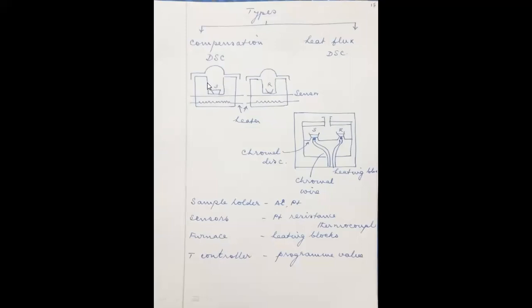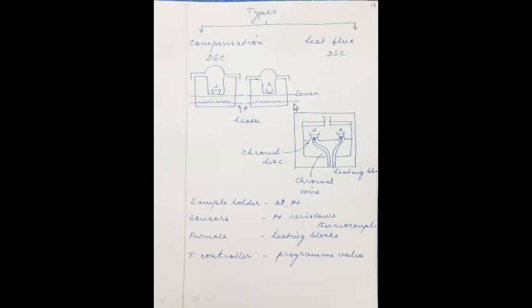This is the sample pan, and below the sample pan there is a sensitive sensor, and below the sensor there is a heating wire. This is a resistance wire, which is a part of the heater. When electricity passes through this wire, the wire gets heated up, which is sensed by the sensor, and the actual quantity of heat energy supplied to raise the sample temperature is noted down.